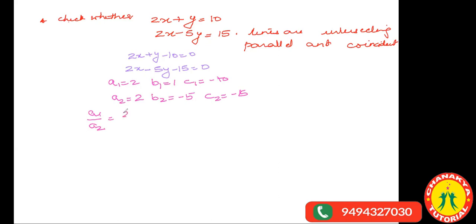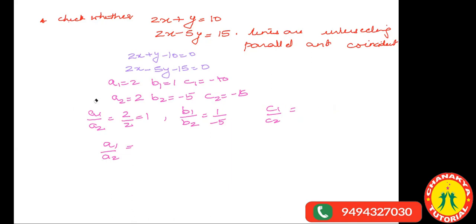Yes, good. Now find the ratios. A1 upon A2 is 2 by 2, it will be 1. Now B1 by B2 is 1 by minus 5. And C1 upon C2 will be minus 10 by minus 15. Sorry, it's minus 15, not minus 5.